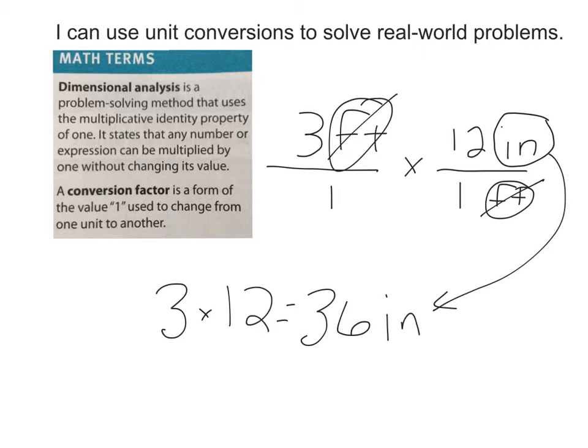So in our vocabulary words here, this 12 over 1, 12 inches to 1 foot, is our conversion factor. Now we see with that conversion factor that there are 12 inches in 1 foot, so really when we're multiplying, we're only multiplying by 1. When we multiply anything by 1, our value stays the same.